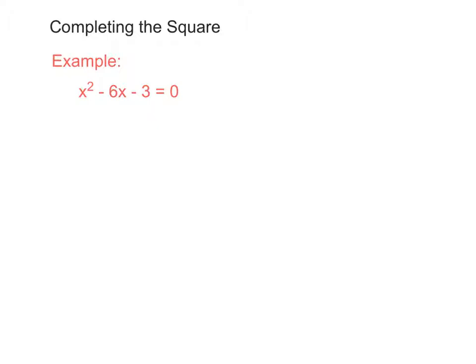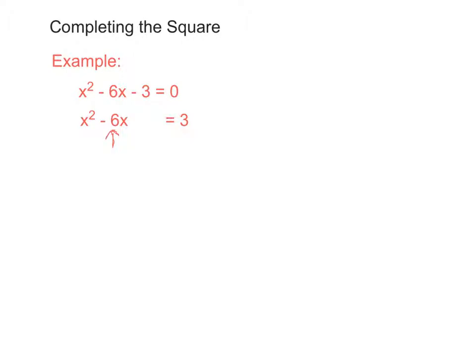The first thing I'm going to do is move the 3 over to the right side. So if I add 3 to both sides, I end up with x squared minus 6x on the left side of the equal sign and plus 3 on the right side of the equal sign. All right, now the next step is I am going to look at this coefficient right here, the 6.